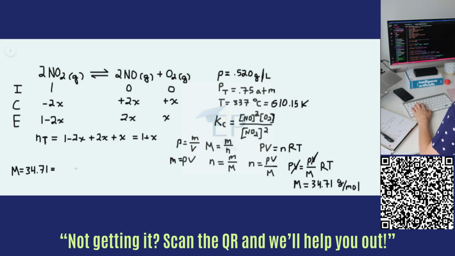So if you remember, there are these types of problems where, if you were given the natural abundance of an isotope and you knew the mass of that isotope, you can find the average atomic mass of the element. Very similar here. We can do the mole fraction of each gas times its molar mass, to give us this number. So that would be 1 minus 2x. That's the number of moles of NO2, and the total number of moles we just found was 1 plus x.